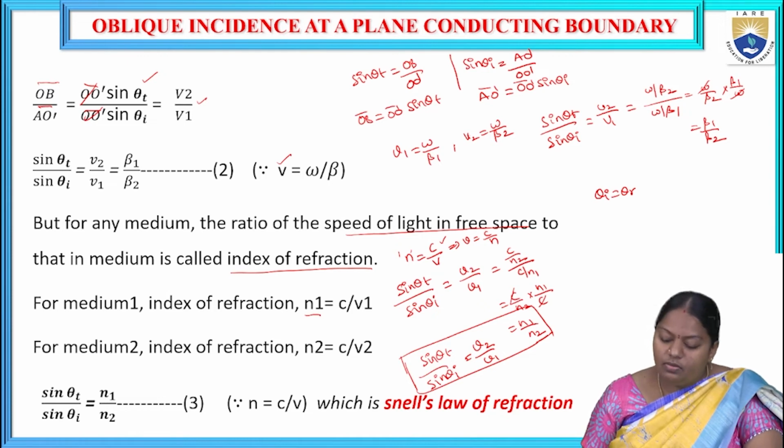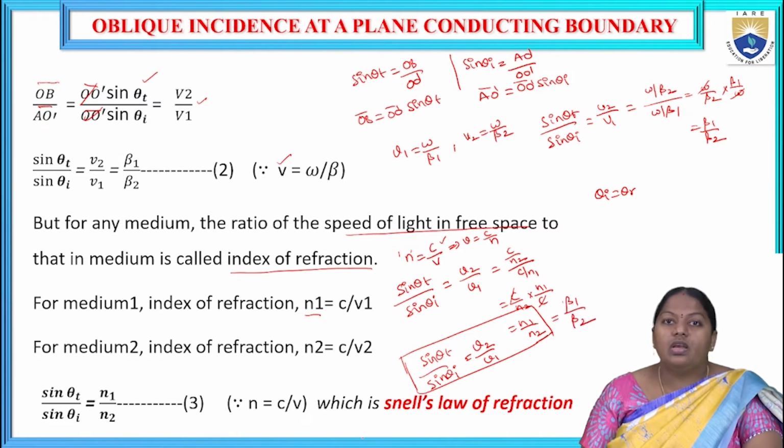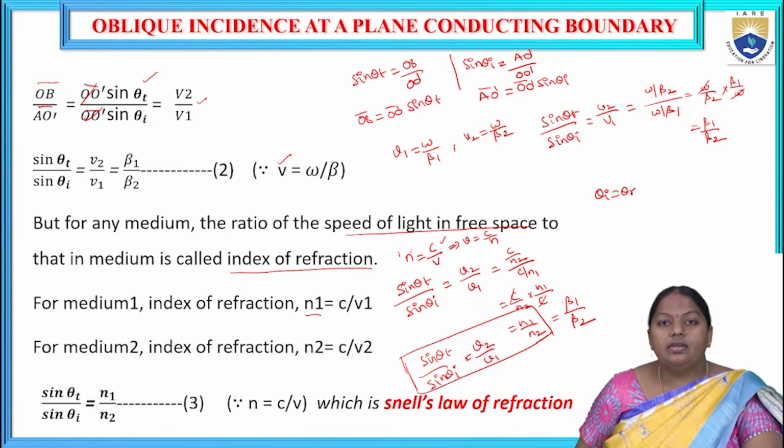Till now we have got four relations: sine theta t by sine theta i equals v2 by v1 equals n1 by n2, and it is also equal to beta 1 by beta 2, where beta is the phase constant of medium 1 and medium 2 respectively.